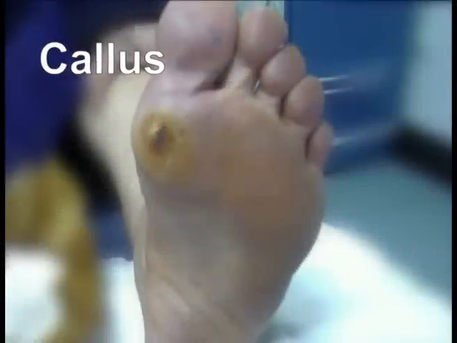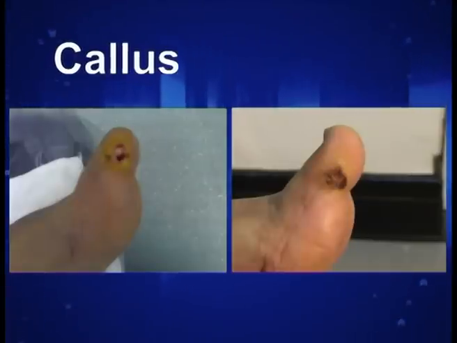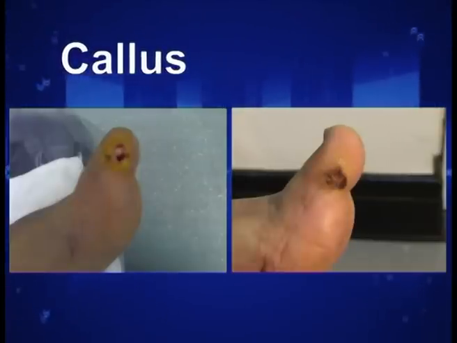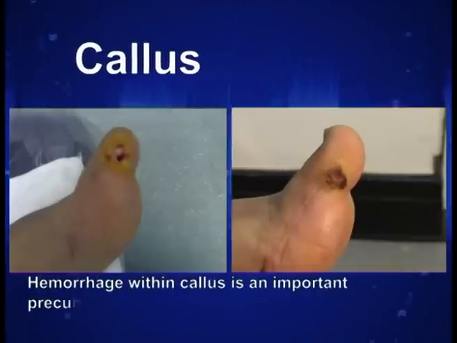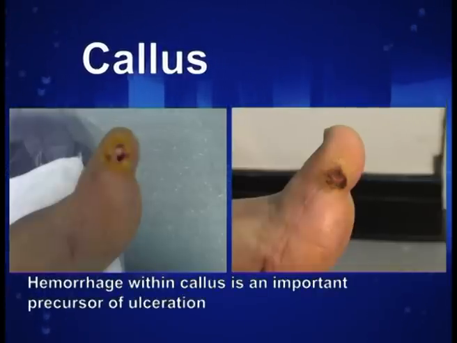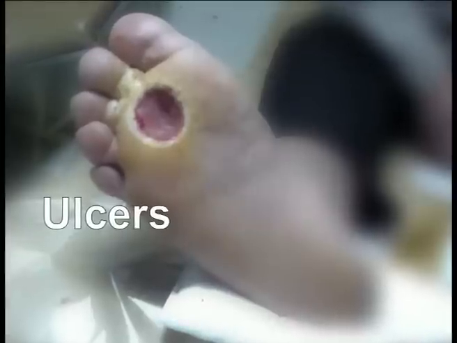Callus is a warning that dangerously high mechanical forces are acting on the foot. It occurs on sites of high pressure. Hemorrhage within callus is an important precursor of ulceration. Ulcers.